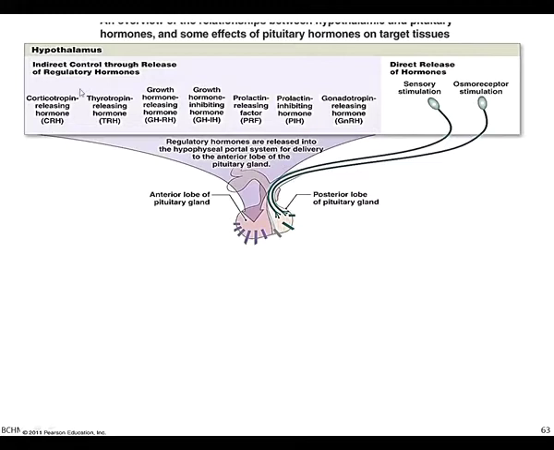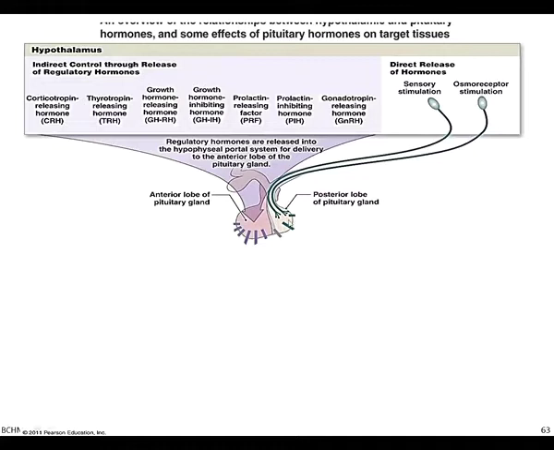You have the corticotropin releasing hormone, the thyrotropin releasing hormone, GHRH, growth hormone releasing hormone, GHIH, growth hormone inhibiting hormone, the prolactin releasing factor, the prolactin inhibiting hormone, PIH, and, of course, gonadotropin releasing hormone. All these seven releasing hormones affect only the anterior lobe of the pituitary gland.